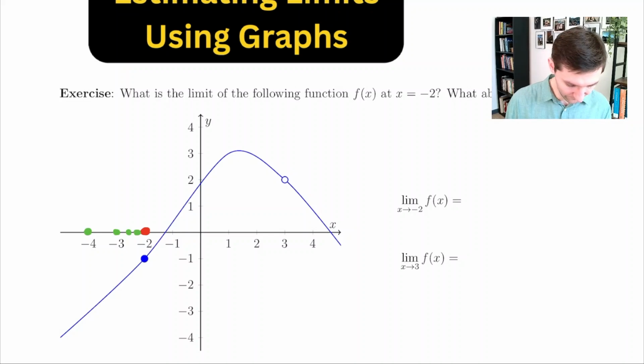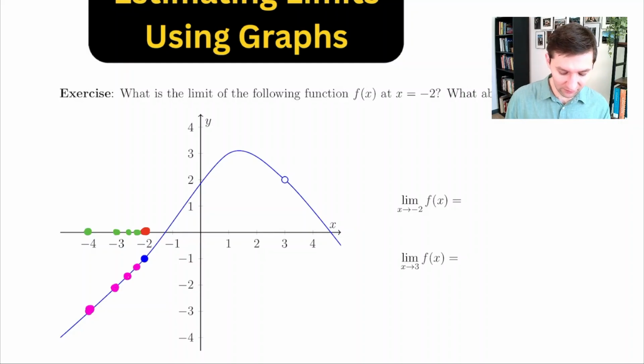For example, the input of -4 has the corresponding pink dot on the graph of the function. The input -3 has the corresponding pink dot on the graph of the function. So I add the remaining two pink dots. Those points on the graph of the function have some y coordinates.